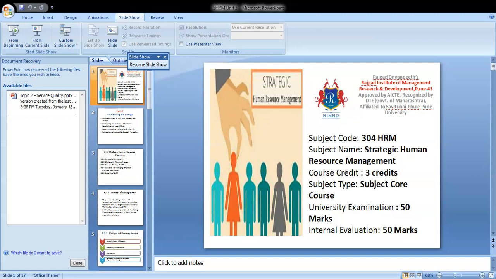Moving to the next part, that is different methods and techniques of job analysis. Job analysis can be conducted using various techniques and diverse methods of gathering data. These techniques are, questionnaire.